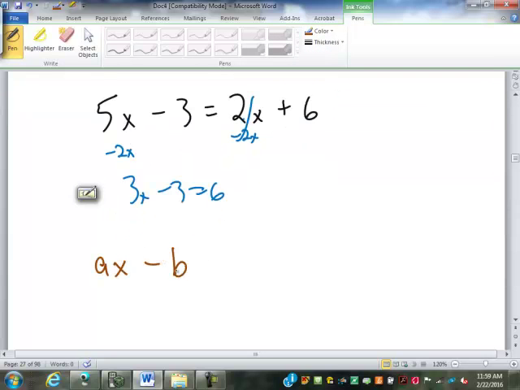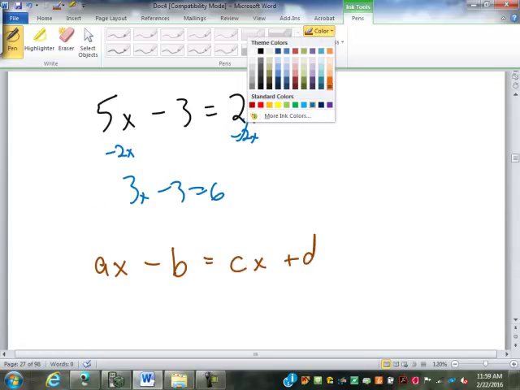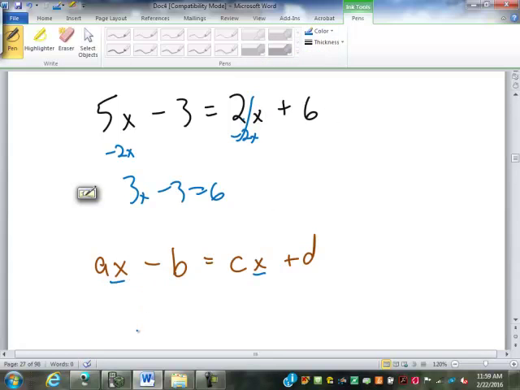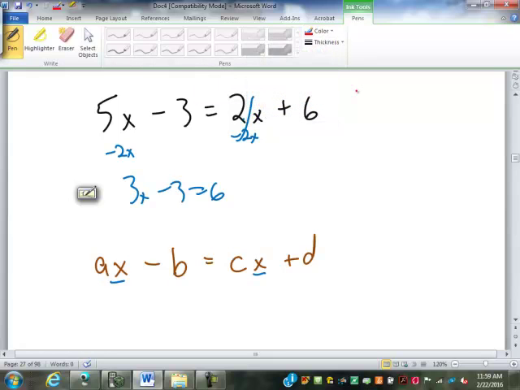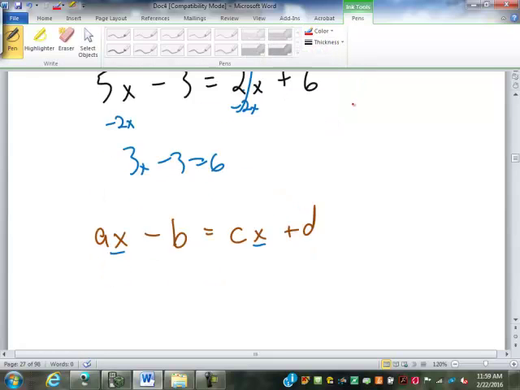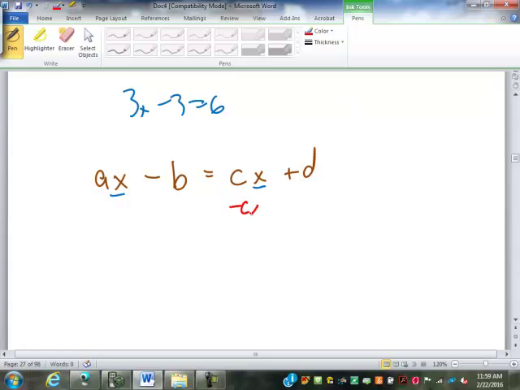ax minus b equals cx plus d, and I want to solve for x. Well, just like up here where I subtracted 2x to get rid of it, I have to do the same down here. I don't know which one's bigger, so I'm just going to pick one. I'll subtract the cx. It's gone. So over here we just have the d. We still have the minus b.